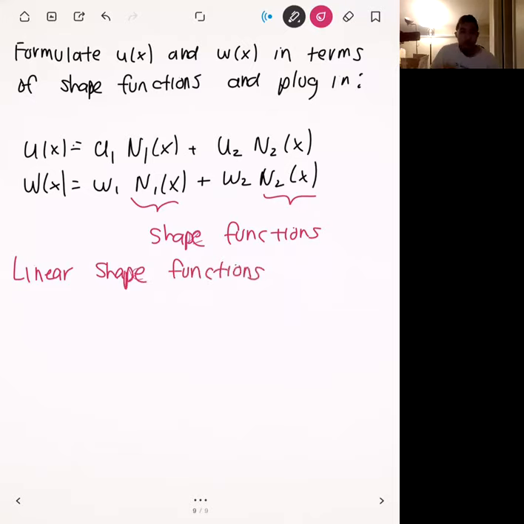And so for linear shape functions, they take the following form. So we have N1 of x. N1 of x is equal to x2 minus x divided by x2 minus x1, okay?